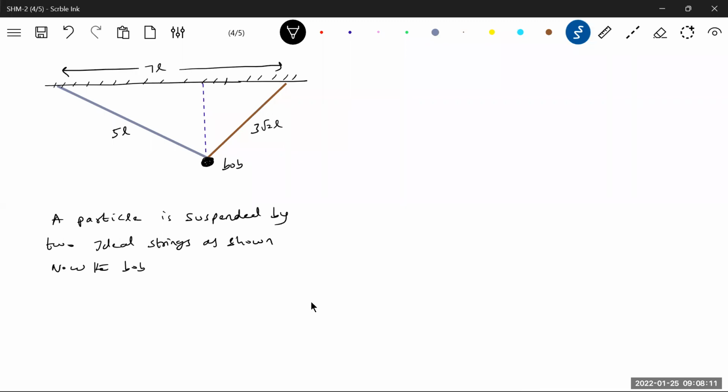Now the bob is given a small displacement perpendicular to the plane of the triangle formed.